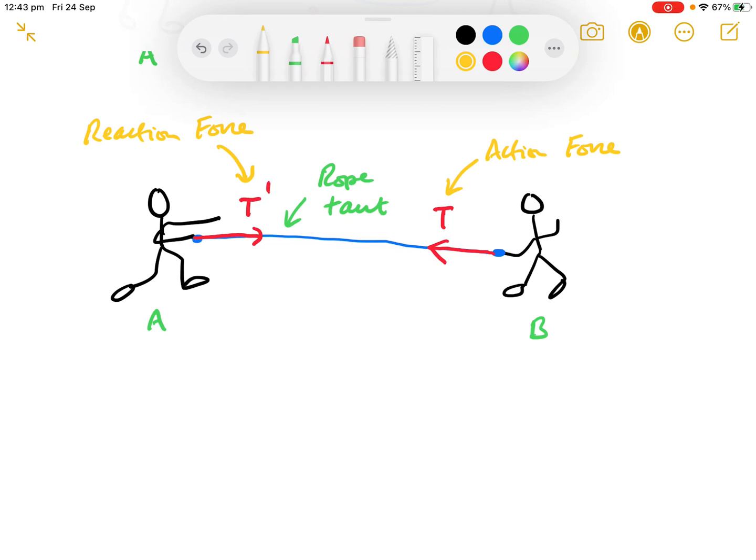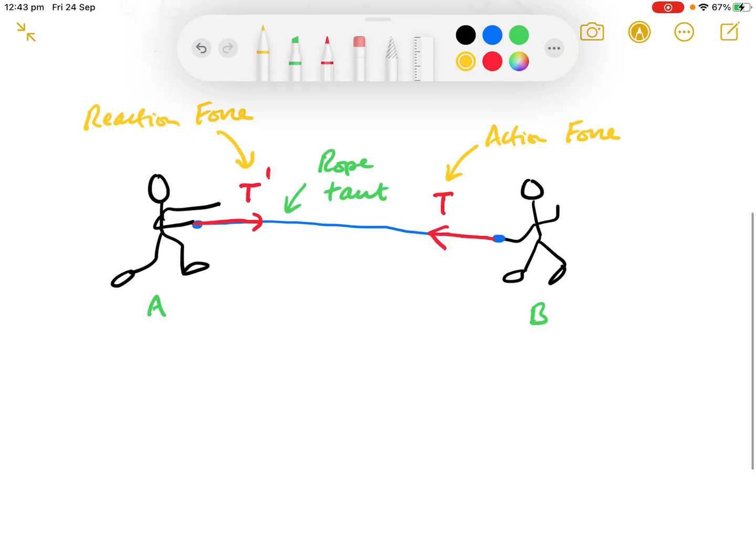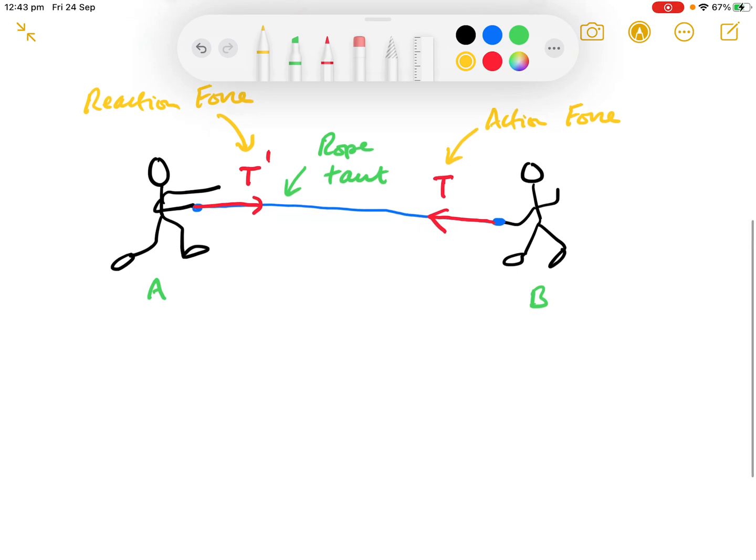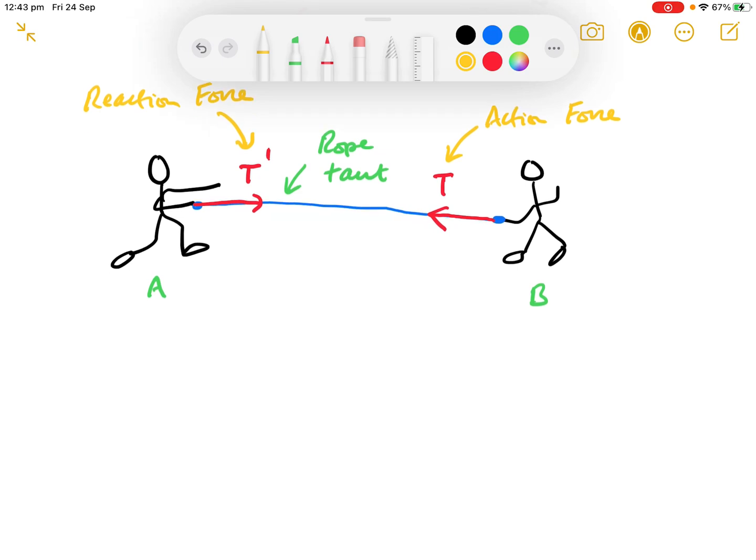And the rope is taut, or we say under tension, meaning the same thing. Whenever a rope is taut, you always have tension acting in opposite directions at each end. It's impossible to have the tension acting only in one direction, otherwise Newton's third law would be broken.